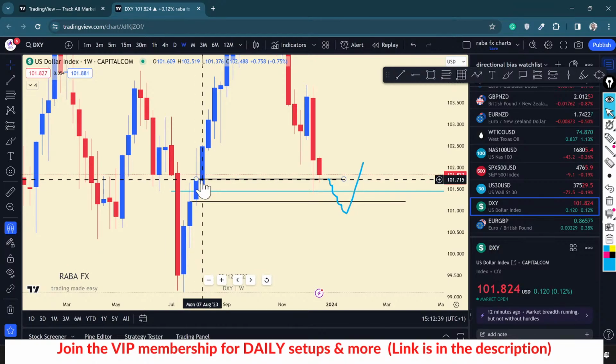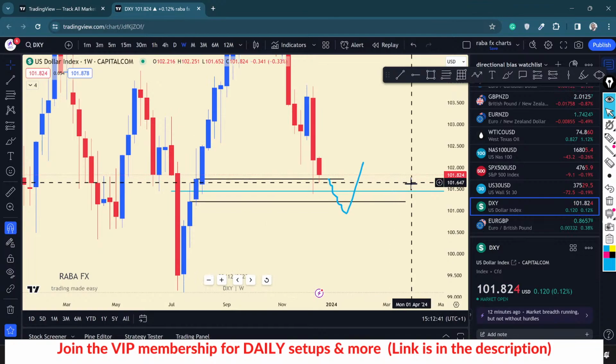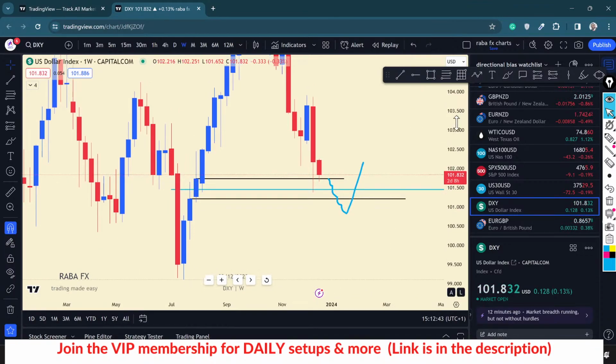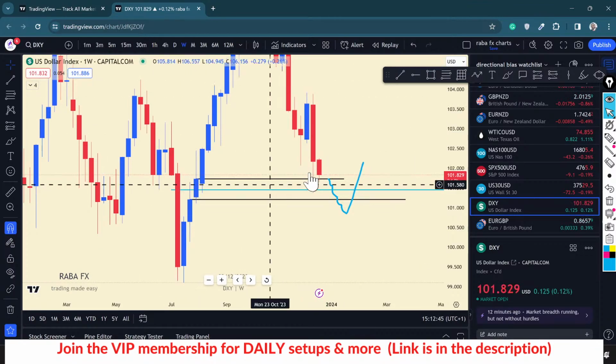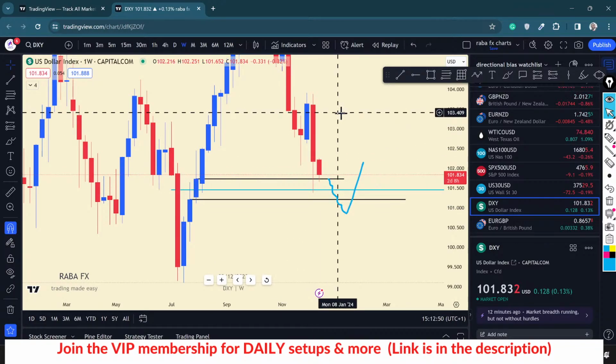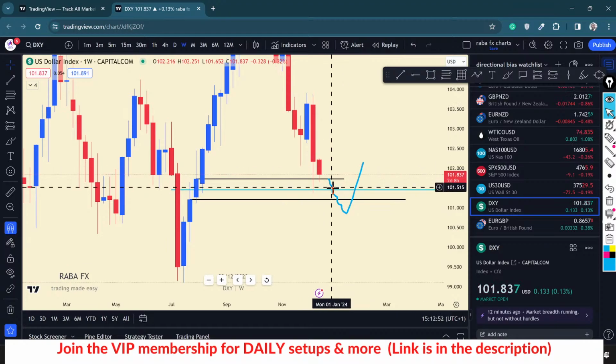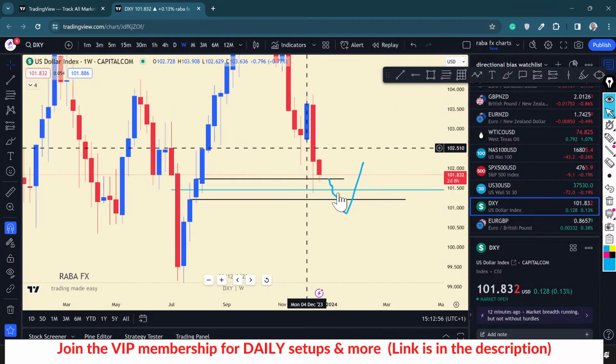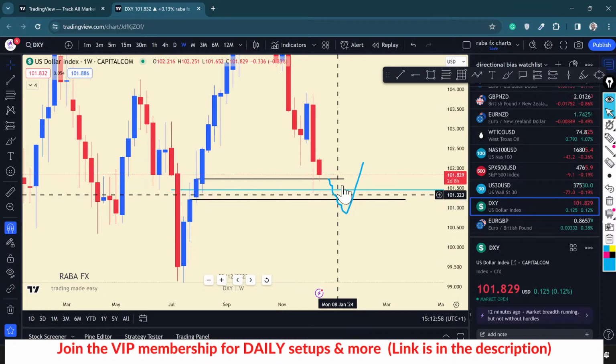I don't want to see such a gap, so you maintain the closing price. These are key areas where we might expect a reaction. From this level, we are simply expecting a stronger dollar, especially if price could trade down to this point.